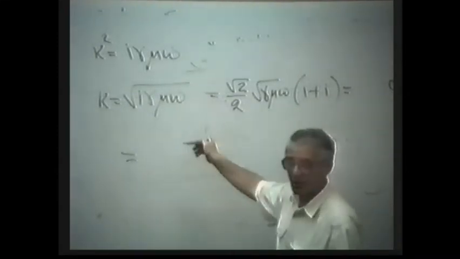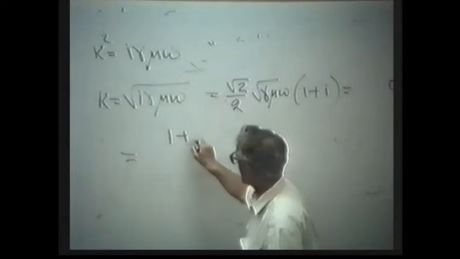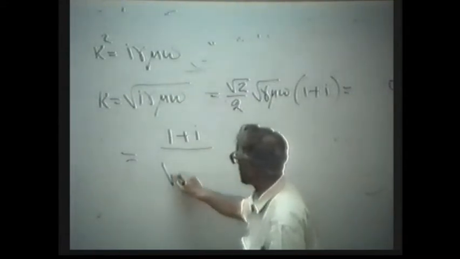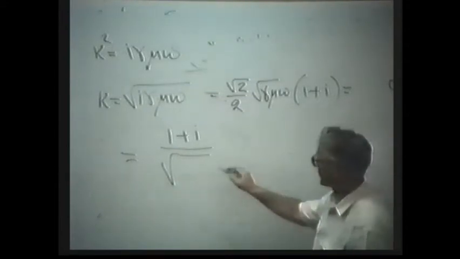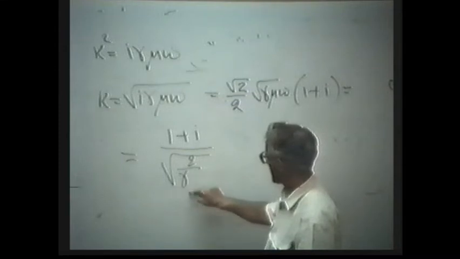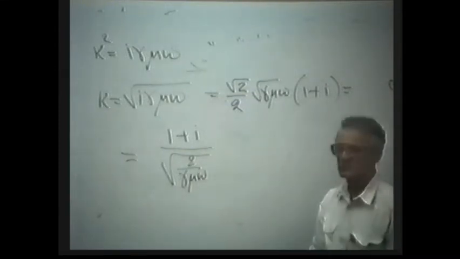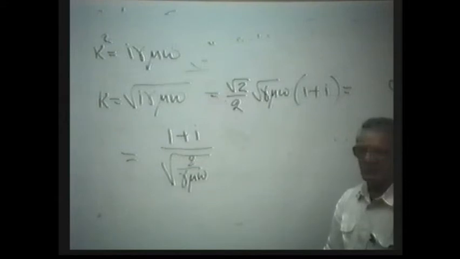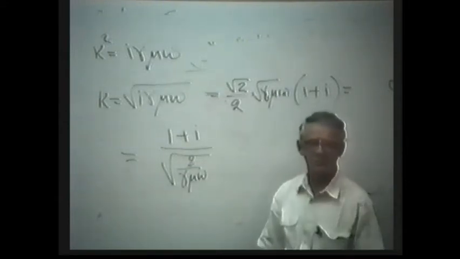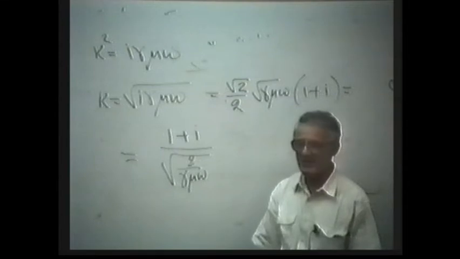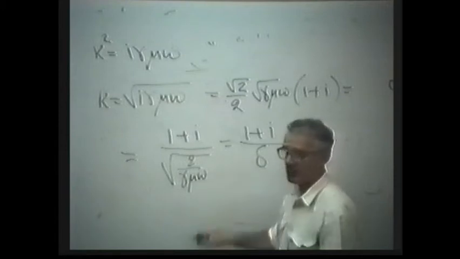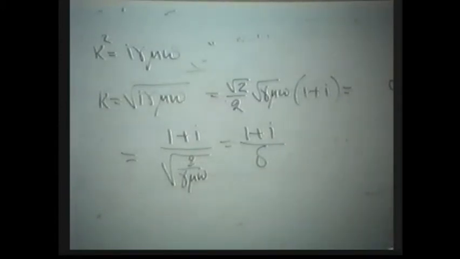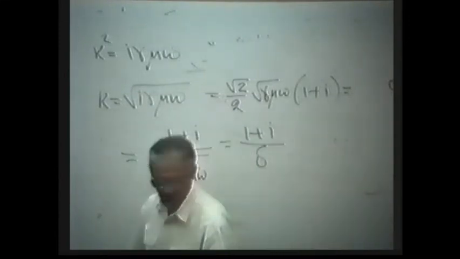So let us check: 1 plus i, and what would be here? Do you agree if I write it in this way? That's the same. Do you remember this quantity? Skin depth. It's not simple to get rid of skin depth in equations because it's a very important parameter. So finally, just a second.